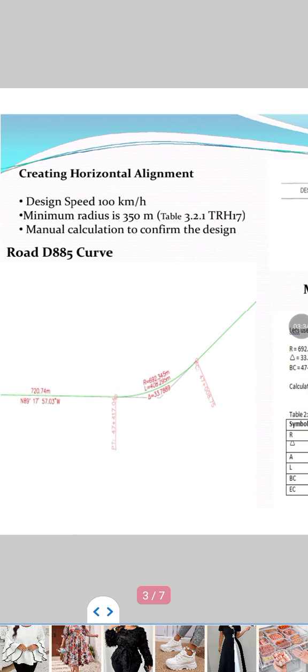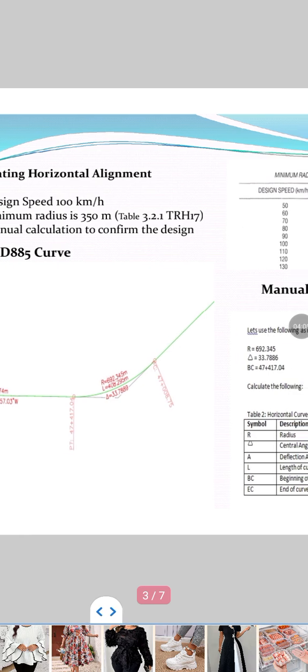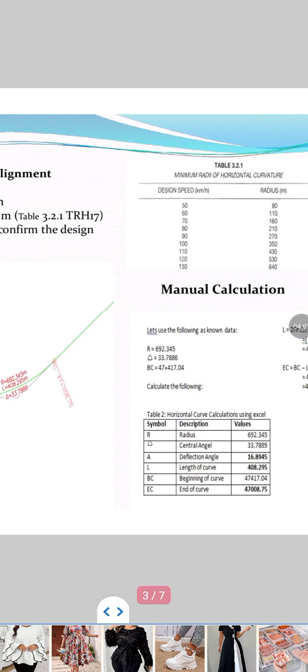Now in our horizontal alignment, we had a curve, and according to the standards, since our design speed is 100 km per hour, our minimum radius is supposed to be 350 meters, according to Table 3.21 of TRH17.